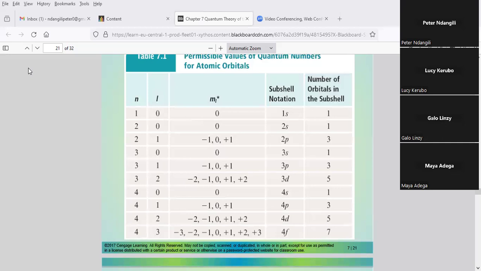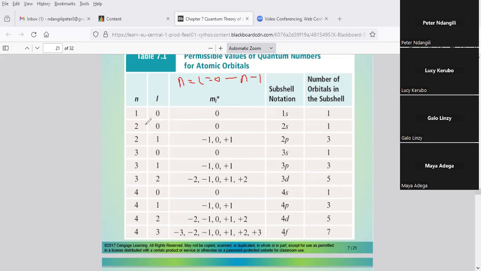The emphasis here is this. When you are given n, then L will be equal to 0 all the way to n minus 1. That is the rule. The values of L will start from 0 all the way to n minus 1.